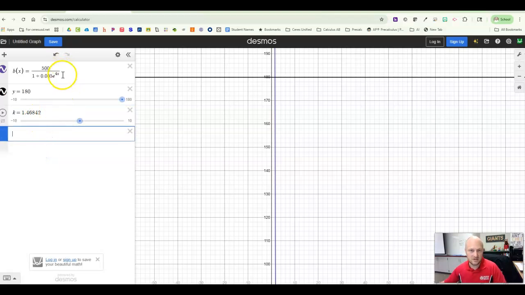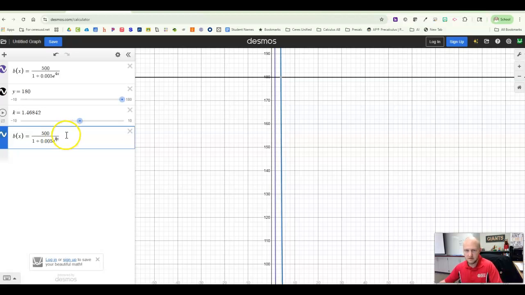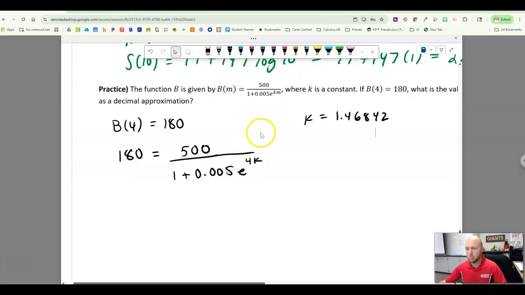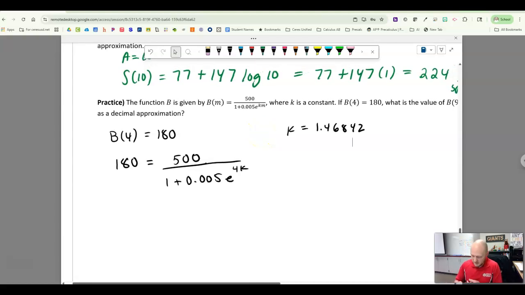So now I can copy my function, and I have this value stored, so I'm going to replace that value with k. I'll turn this one off. What I've essentially done is solved that initial value. I know what k is now, and I have my old function back in here ready to be evaluated. So x is our old m input. I solved for k.